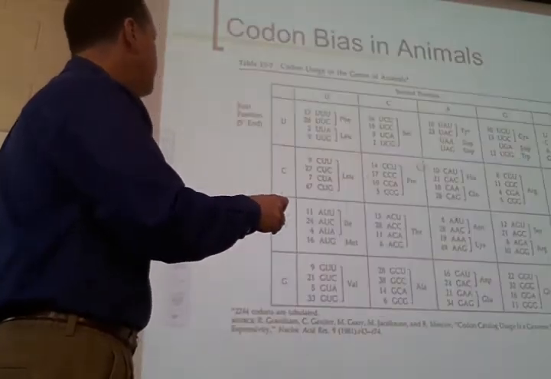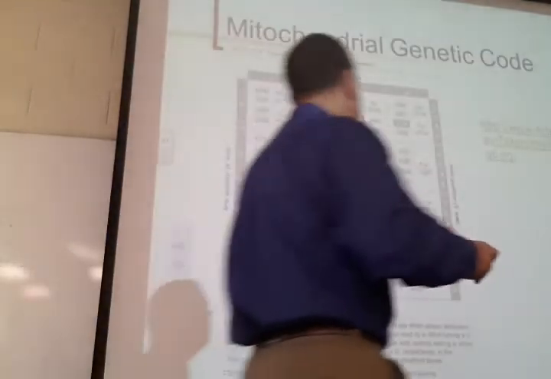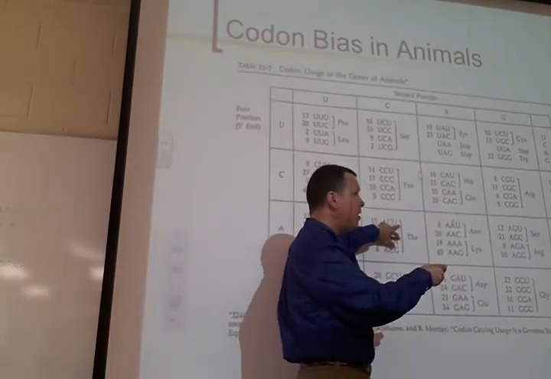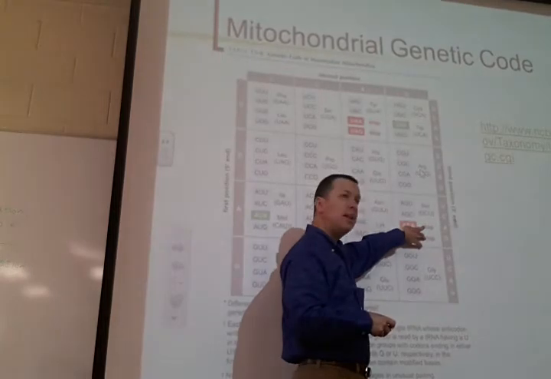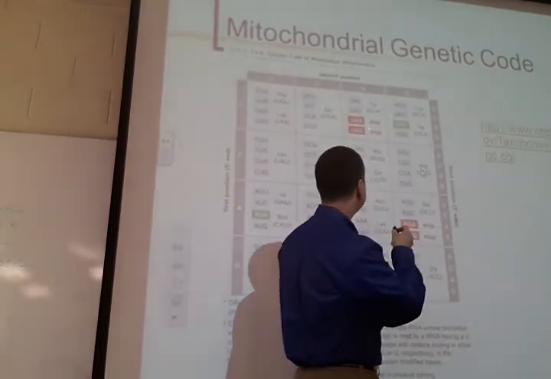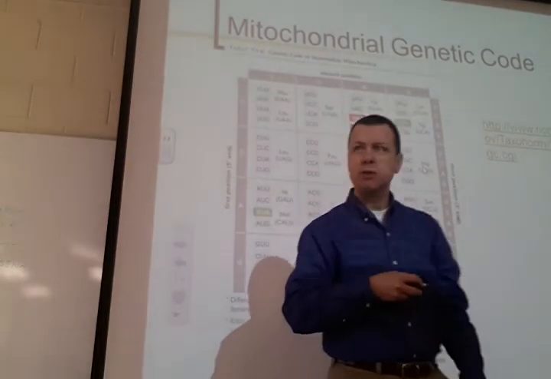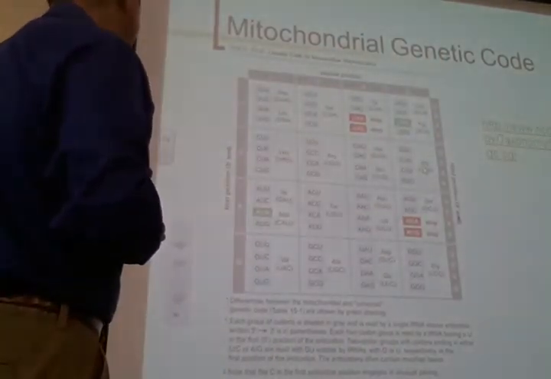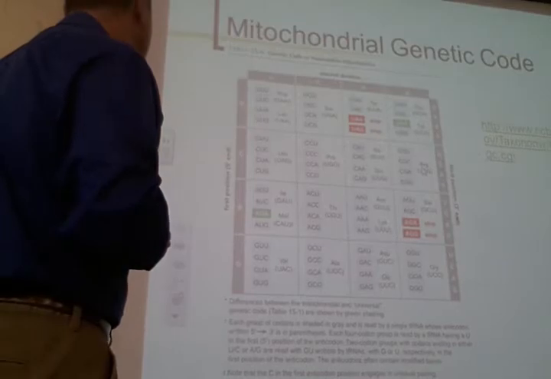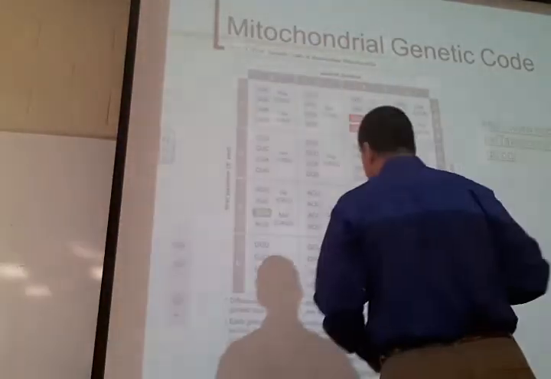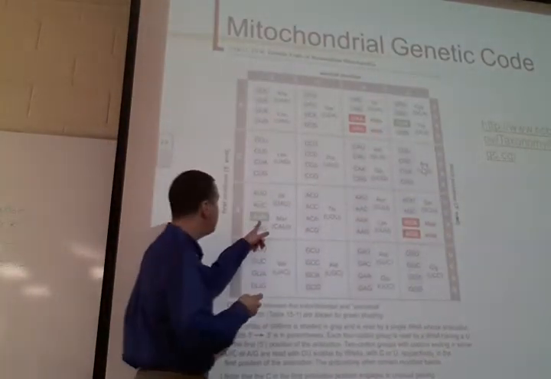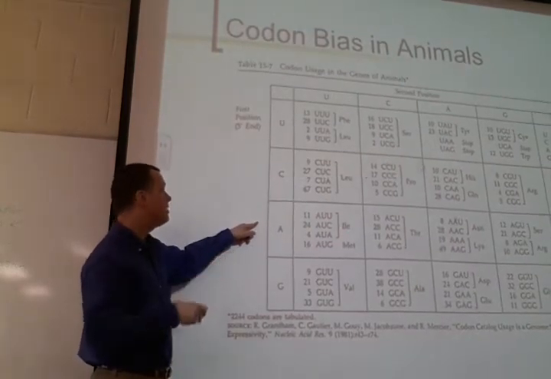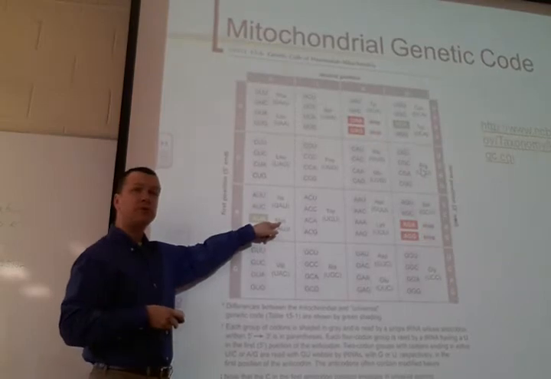Are they all serine? No. Okay. AGA and AGG usually code for arginine, but in the mitochondria, they code for stop. So the mitochondria actually has 4 stop codons instead of 3. What else is different? I think the other big difference is AUA, which usually codes for isoleucine, in the mitochondria also codes for methionine.